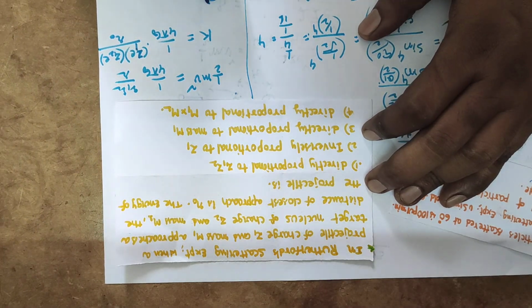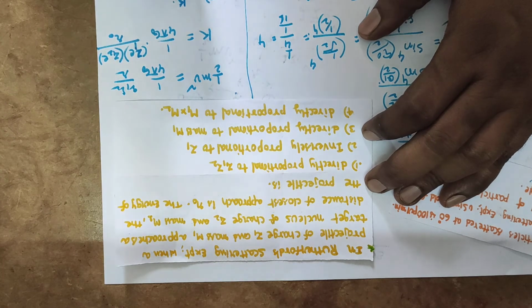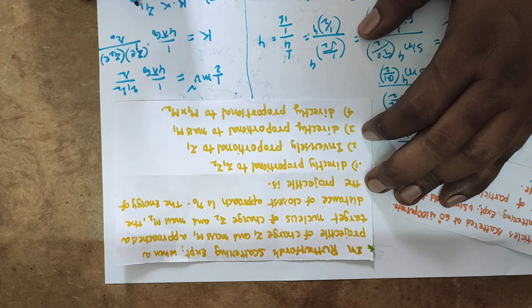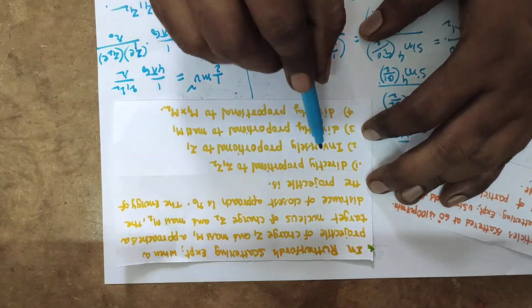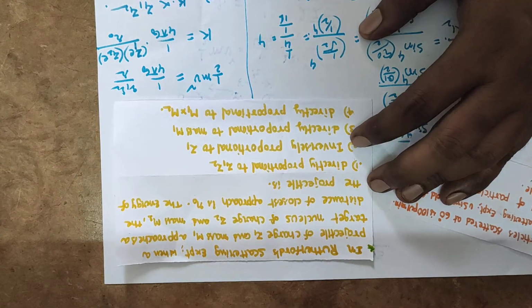Now from this we can get that the kinetic energy of the projectile K is directly proportional to Z1 and Z2. So the option is the first one.